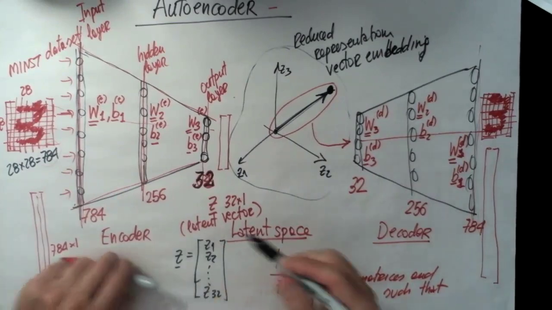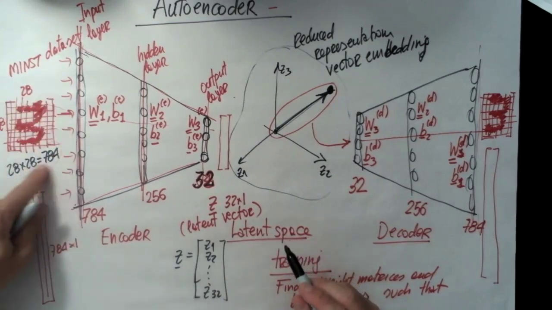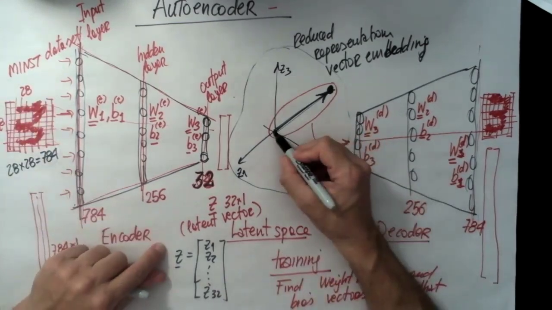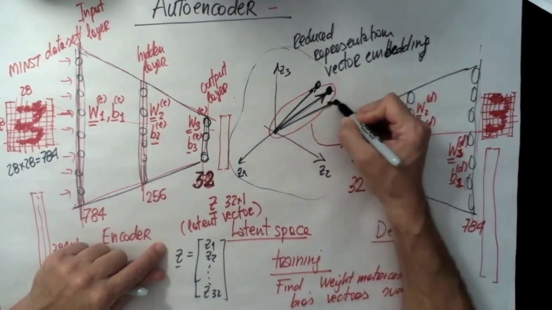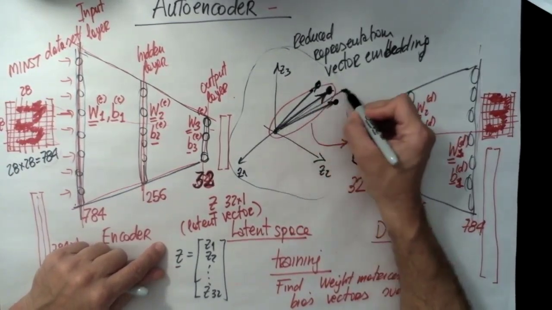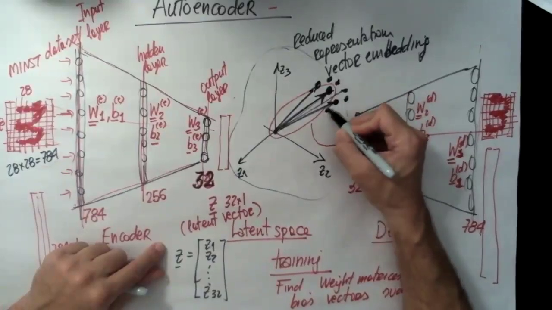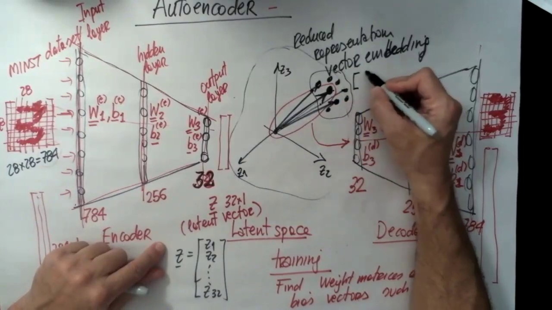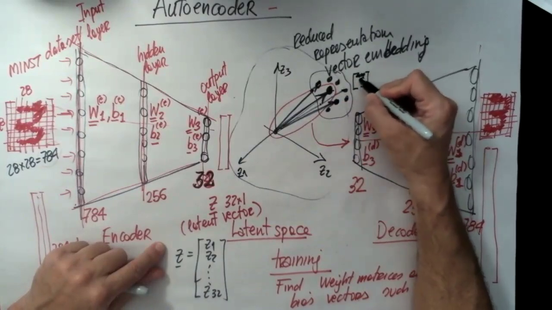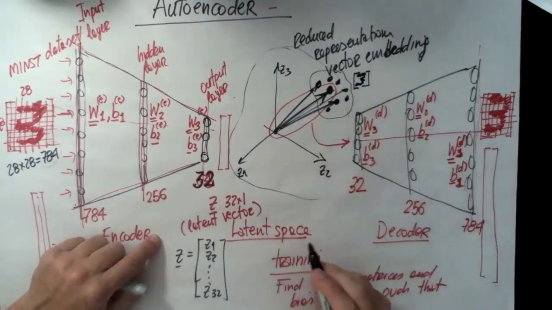It is that, for example, if we have all images that are very similar to a three, in the latent space they will all cluster near each other. So here now, for example, we have all the points that correspond to all the images of a three.